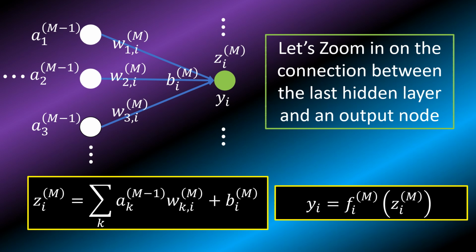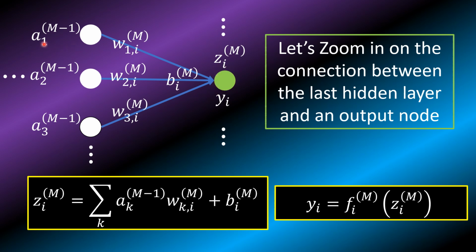Let's zoom in on the connection between the last hidden layer and an output node. We're going to call the last layer layer M, and we're going to call the second to last layer, therefore, layer M minus 1. The second to last layer is the last layer of the hidden layers, and the last layer is the output layer.